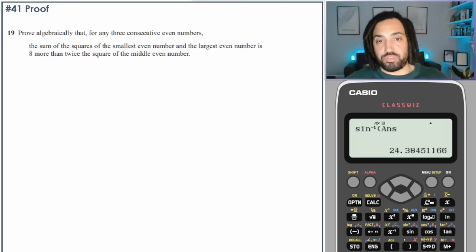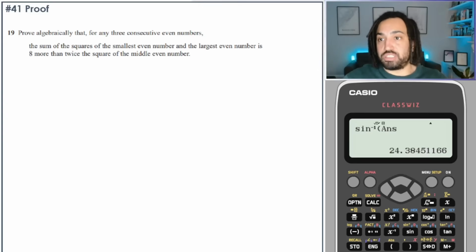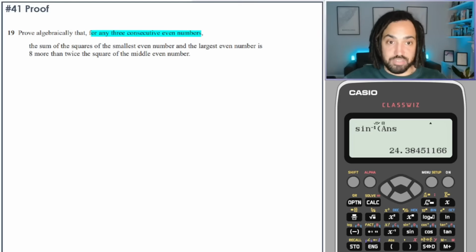Okay, proof. I love these questions because you just got to read the question and then put it into algebra. So prove algebraically that for any 3 consecutive even numbers. Okay, so let's get started with that. The 3 consecutive even numbers I'm going to go for. Well, a classic even number is just 2n.